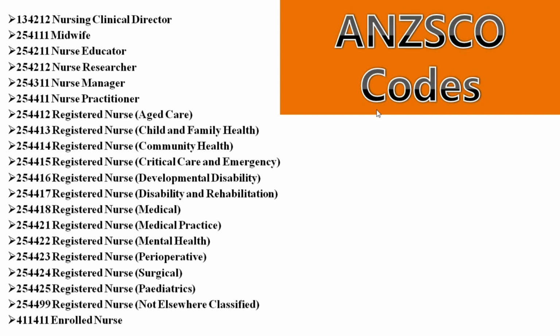So those working in casualty and ICU come under this category. Then developmental or disability, so pediatric rehabilitation centers and disability and rehabilitation centers. Then medical ward, medical practice, mental health, psychiatry. Then perioperative, surgical, pediatrics, and then there is something called not elsewhere classified.